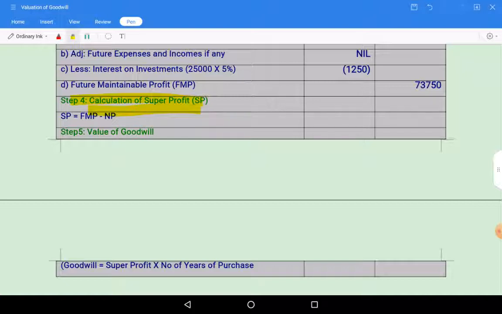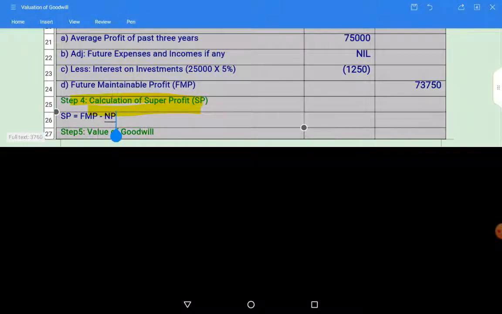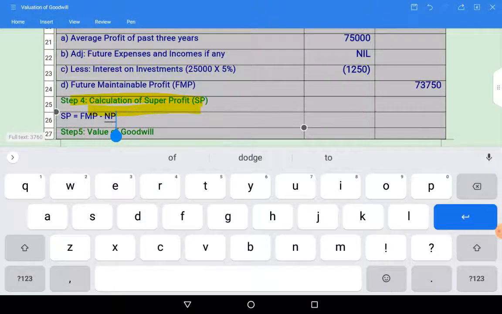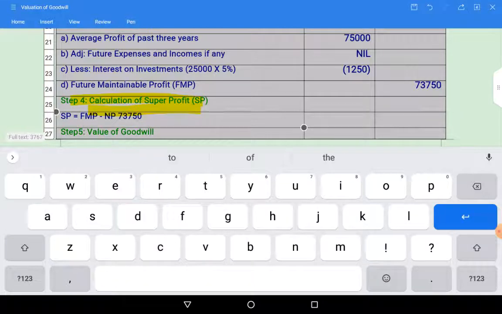How much is FMP? 73,750 minus normal profit.